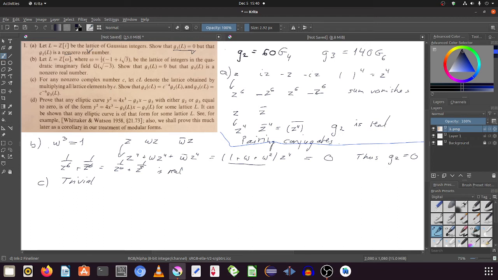So if we take this guy, for instance, with G3 vanishing, then we can use the Gaussian integers as a model.